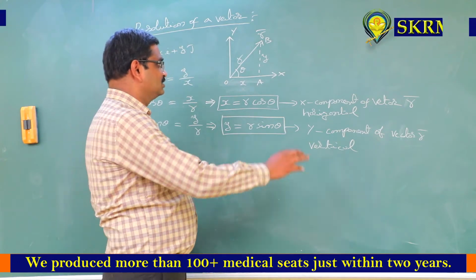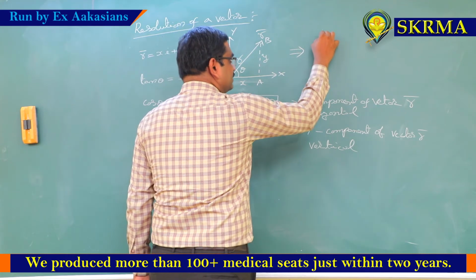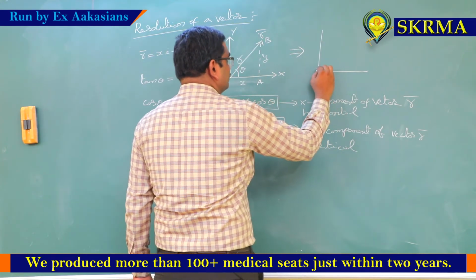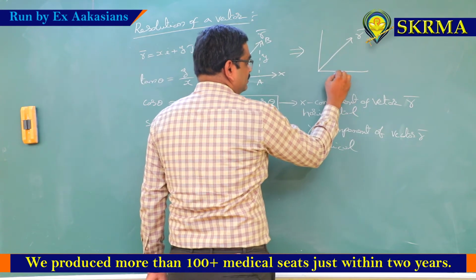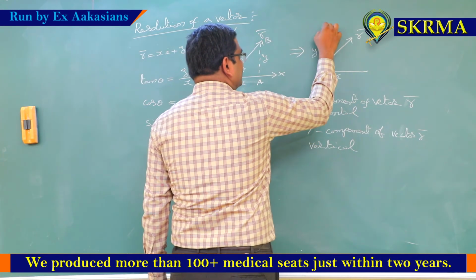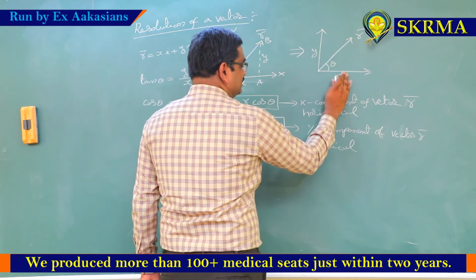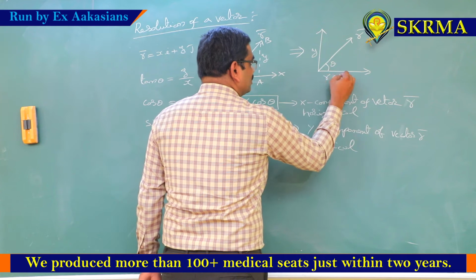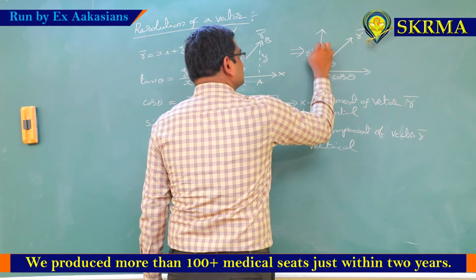So we can redraw the diagram: this is vector r bar, this is x, this is y, this is theta, or simply this is r cos theta, this is r sin theta.